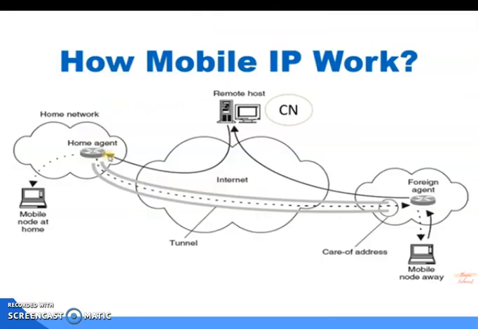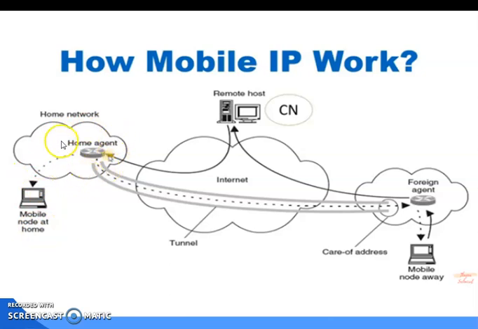Here is how mobile IP works. This is the remote host or the CN, and this is the home network. When the mobile is first registered under its home network, the HLR, the home location register, stores all the data of the mobile user.